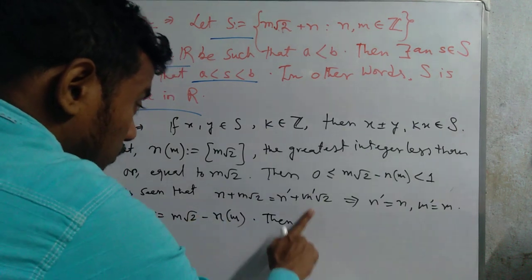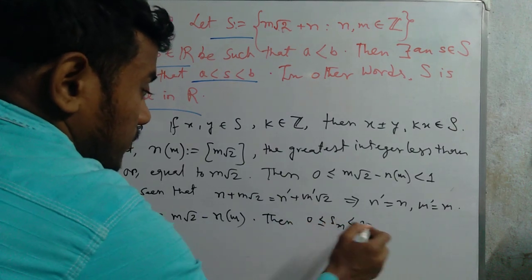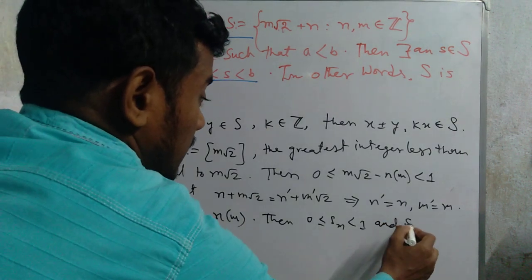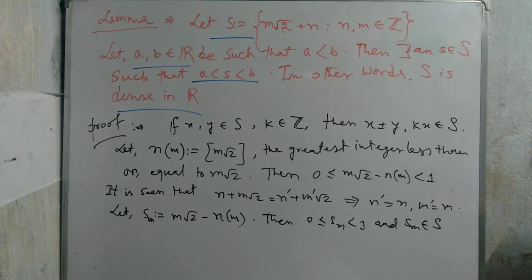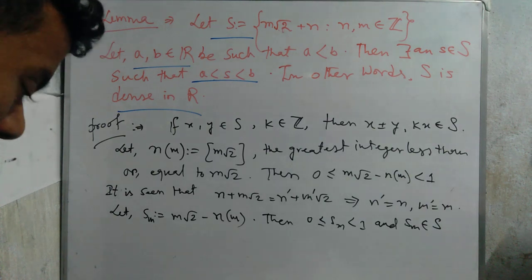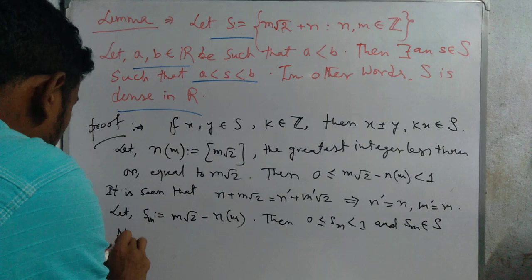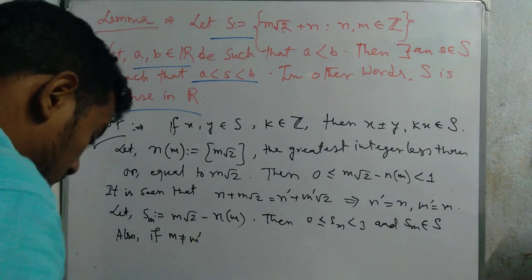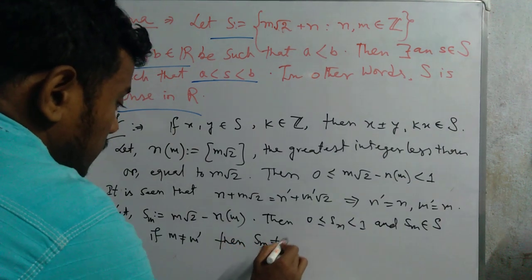Then 0 is less than or equal to sm less than 1, and sm belongs to this S. Now also if m is not equal to m dash, then sm is not equal to sm dash.